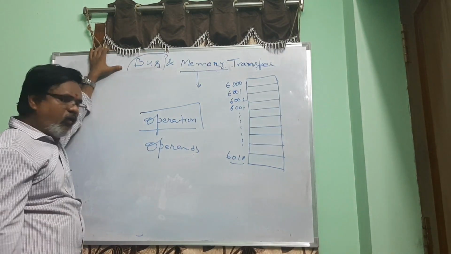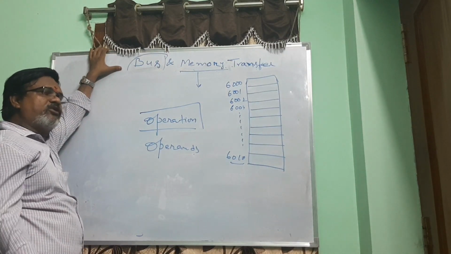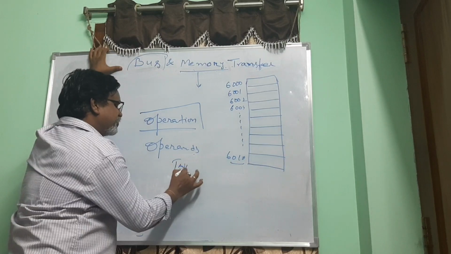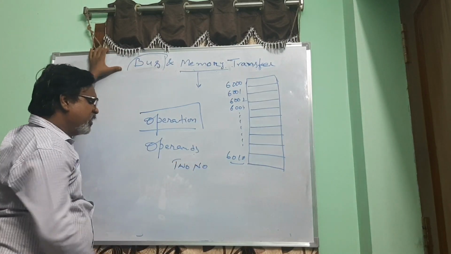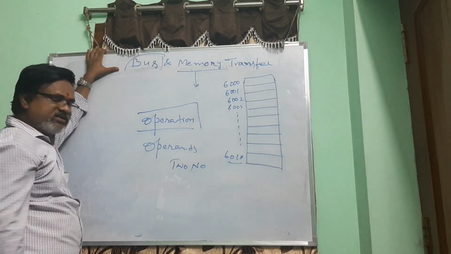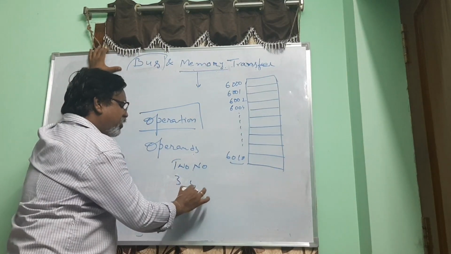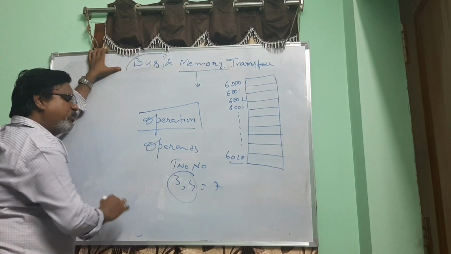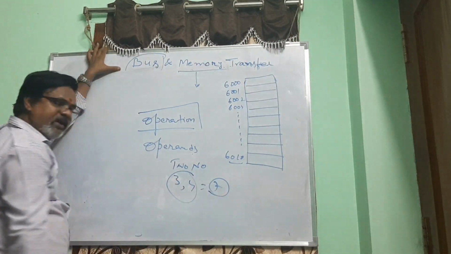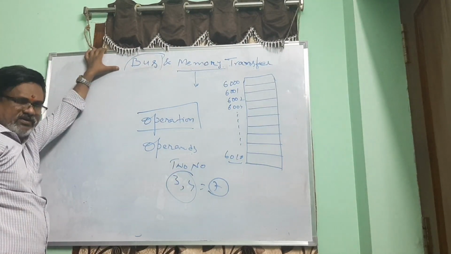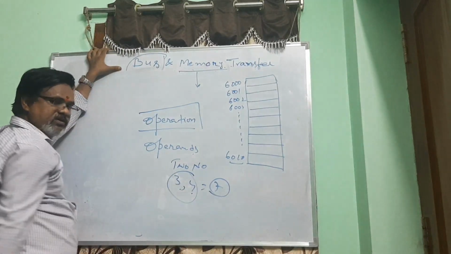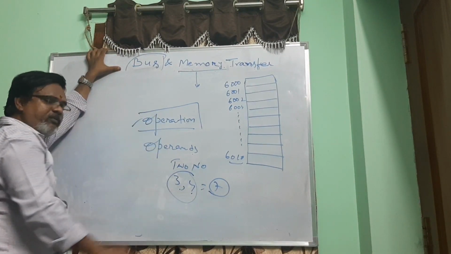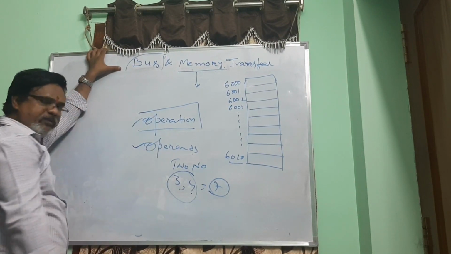And immediately whatever you are waiting for is those two numbers. If the two numbers are 3 and 4, then you can tell the result is 7. If I don't tell you these two numbers, you will keep on waiting for the result because you don't know the input values. So whenever you want to perform an operation, definitely you need operands.